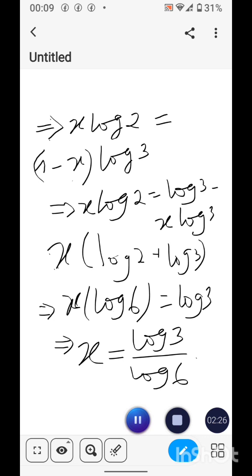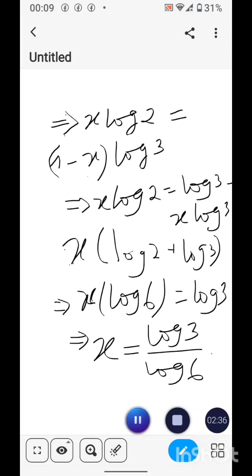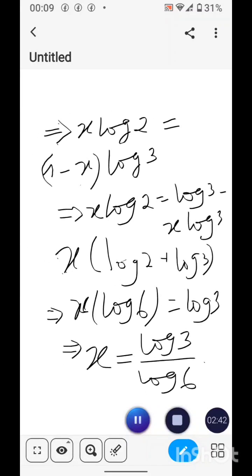Now, when you group like terms, you have x log 2 is equal to 1 minus x log 3. If you expand this, we have 1 times log 3, which is log 3, and log 3 times negative x is negative x log 3.